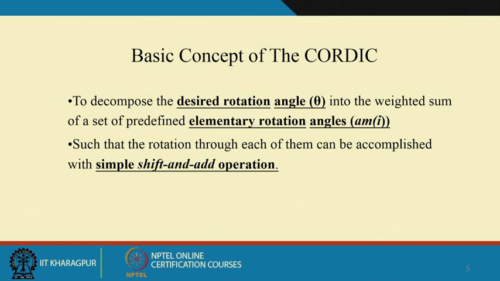This is the basic concept: if I need the desired rotation angle, which is arbitrary and user dependent, say 90 degree, or 45 degree, or 30 degree, 60 degree, any degree I mention, then based on some predefined elementary rotation angles, it tries to calculate the corresponding desired angle. We will see how later.